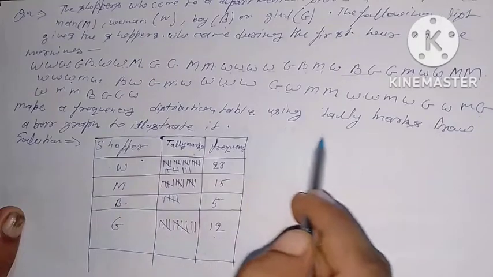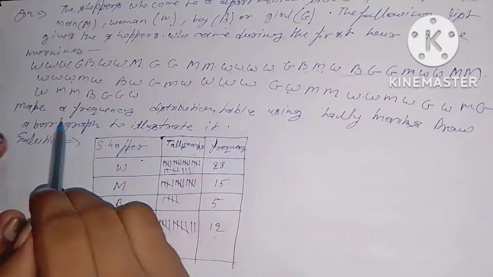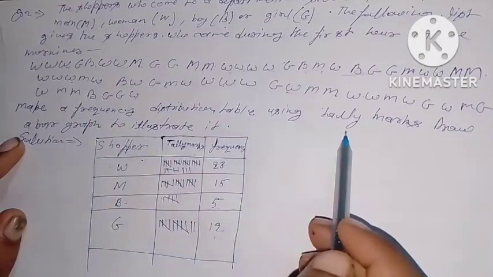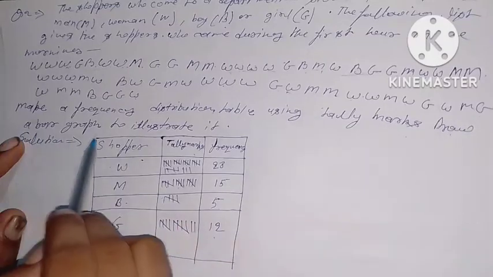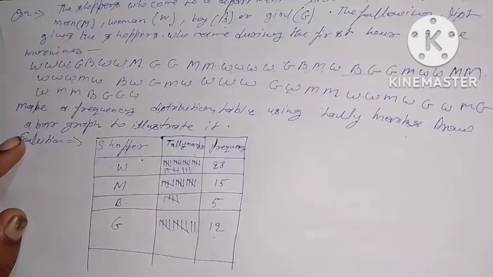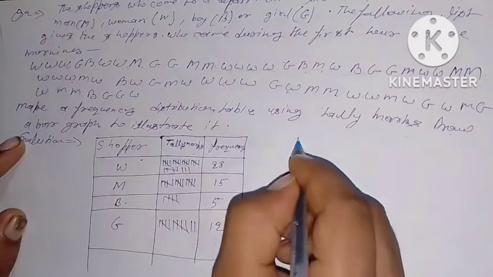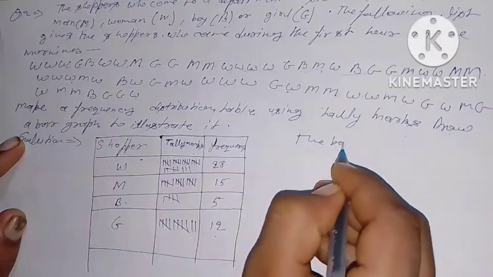The question says to make a frequency distribution table using tally marks and draw a bar graph to illustrate it.